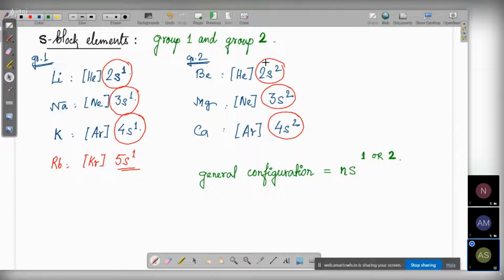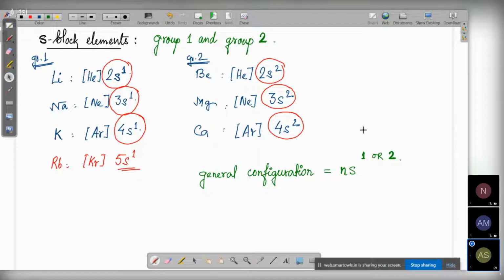Since in group 1 and group 2 the last electrons enter the s orbital, that is why group 1 and group 2 elements are called the s block elements. The general configuration will be ns.